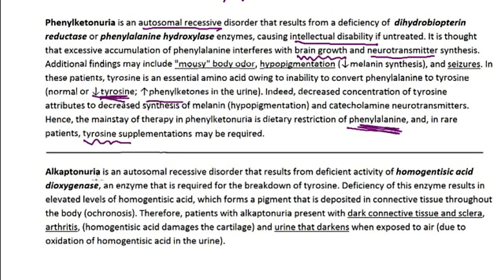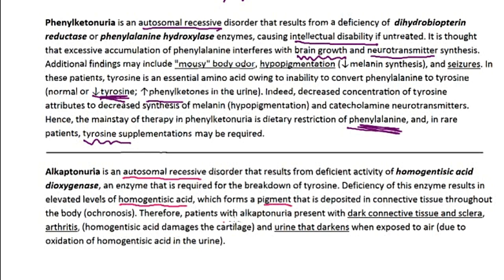And then finally, we have alkaptonuria, which is an autosomal recessive disorder due to the deficiency of homogentisic acid dioxygenase, as a consequence of which there is increased accumulation of homogentisic acid, which forms a pigment that deposits in connective tissue, like for instance in the ear cartilage or in the sclera, and causes discoloration of those connective tissues.